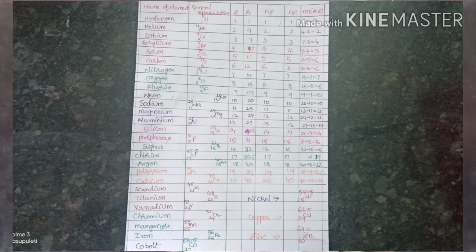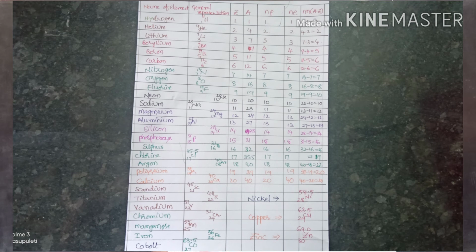Vanadium, representation is V, atomic number is 23, mass number is 51. So its representation is V2351. Chromium, symbol is Cr, atomic number 24, mass number 52. So its representation is Cr2452.